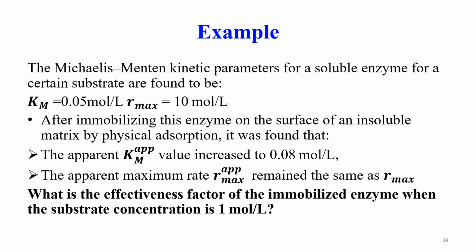So, for example, the Michaelis-Menten parameters for a soluble enzyme for a certain substrate are found to be Km 0.05 millimole per liter, R max 10 mole per liter. Now, the enzyme is immobilized on the surface of an insoluble matrix by physical adsorption. It was found that the apparent Km value increased, so Km has increased to 0.08.